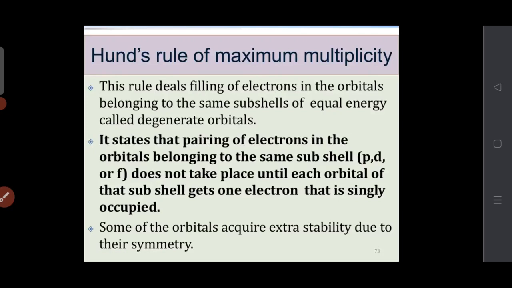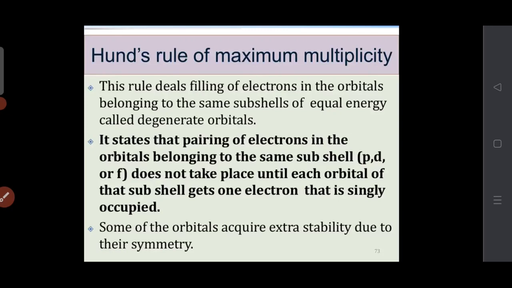It states that pairing of electrons in the orbitals belonging to the same subshell, p, d or f, does not take place until each orbital of the subshell gets one electron, that is, singly occupied. That means whenever we fill electrons from lower energy orbitals to higher energy orbitals, first we have to complete the lower energy orbital, then we can go forward to the next energy orbital.